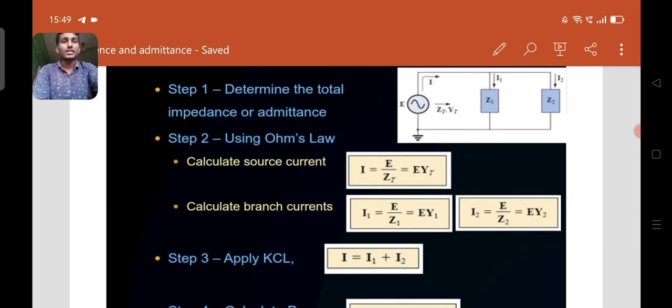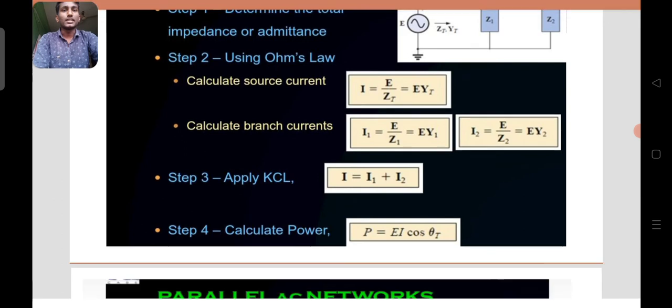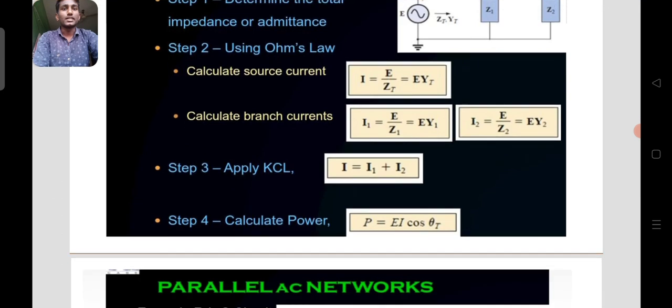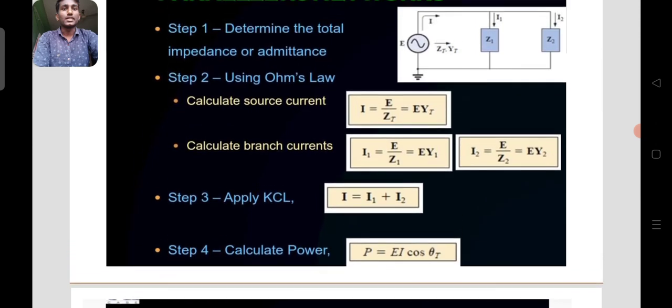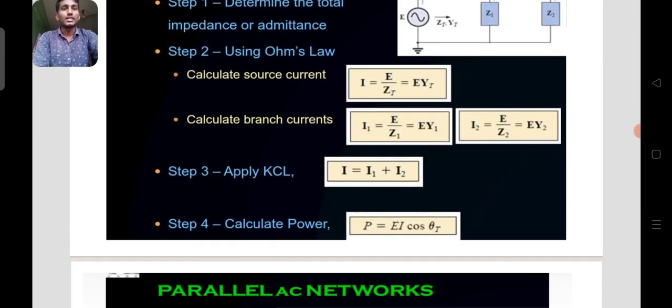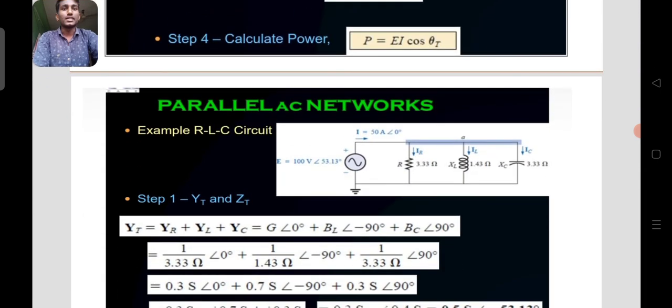Step 1: determine the total impedance or admittance. Step 2: using Ohm's law, calculate the source current and branch currents. Step 3: apply KCL and calculate power. So these are the formulas to calculate the admittance in parallel AC networks.